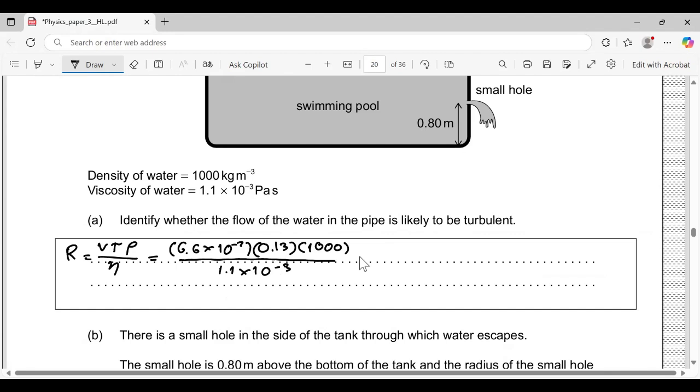If you calculate, the result is 7,800. And this result is greater than 4,000. If R is greater than 4,000, we can conclude that the flow is turbulent.